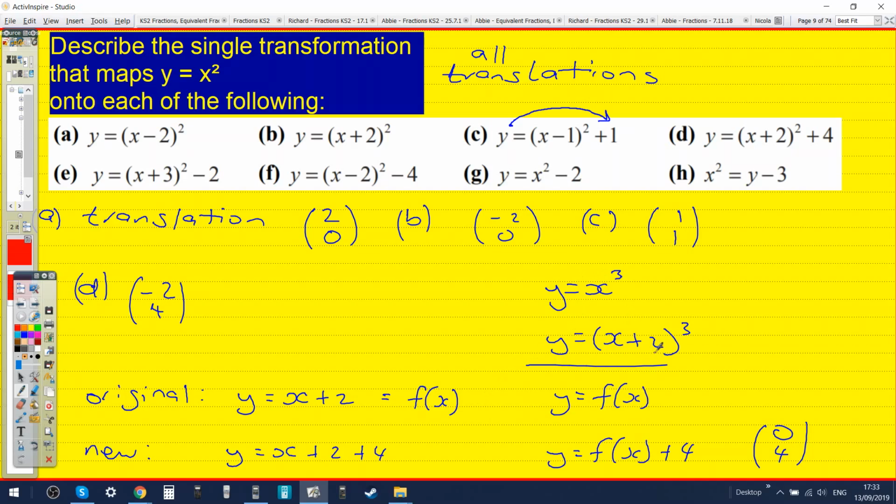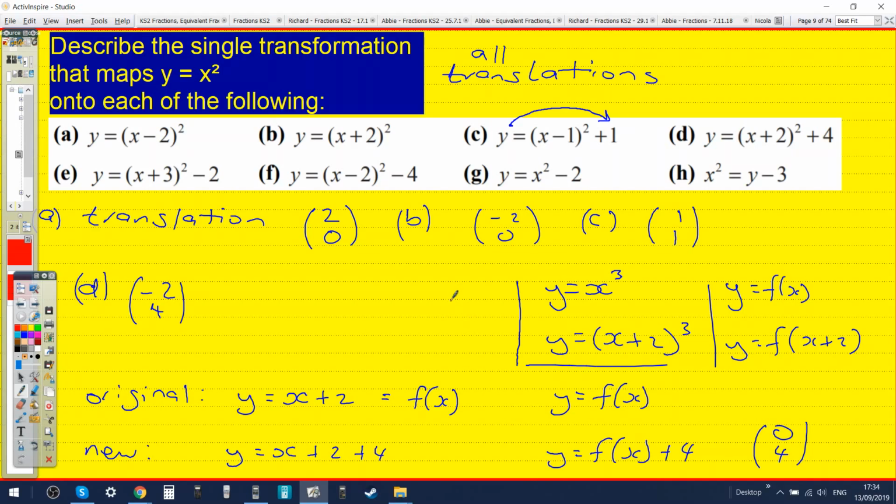So what transformation has happened there? Y equals f of x plus 2? Yes, so it was originally y equals f of x, some function of x. Then the new one was y equals f of x plus 2 in a bracket. And so what translation is that? Just plus 2, I guess.